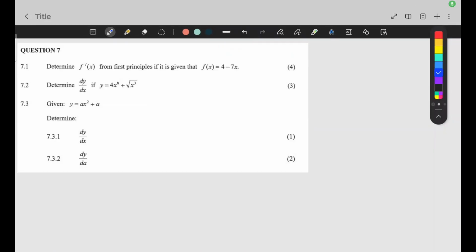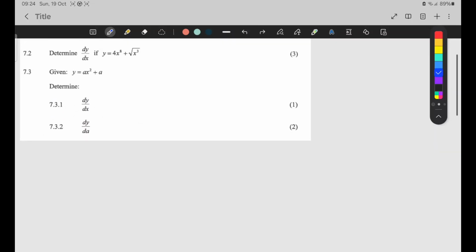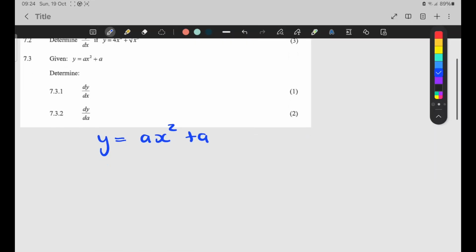Question 7.3 says they give you y is equal to ax squared plus a, and you have to determine dy over dx. So I'm going to write y down. y is ax squared plus a, and I have to derive this, so dy over dx.